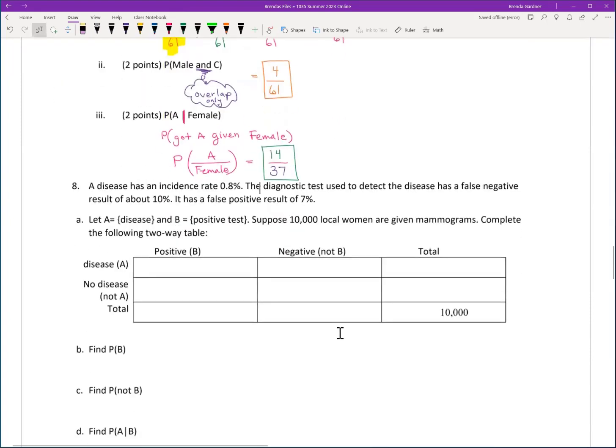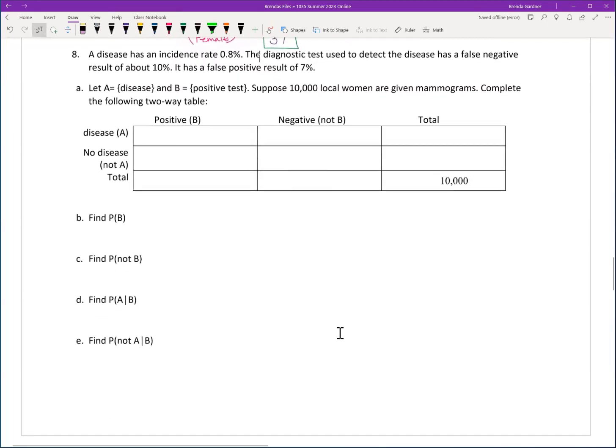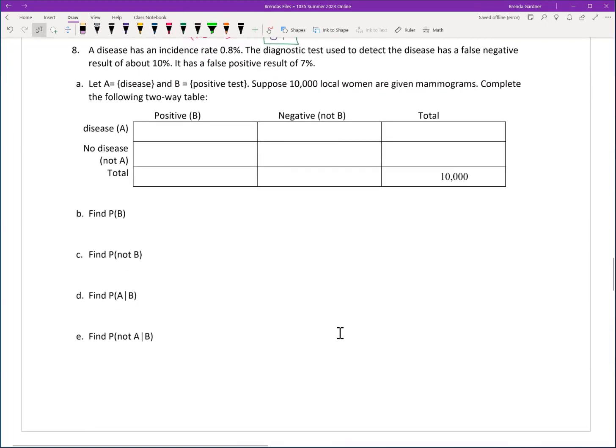Okay. Question 8. I love these questions, but they can be super tedious and a little bit confusing for a lot of students. What we're doing here is creating a two-way table. This is actually Bayes' theorem, which is super, super useful.